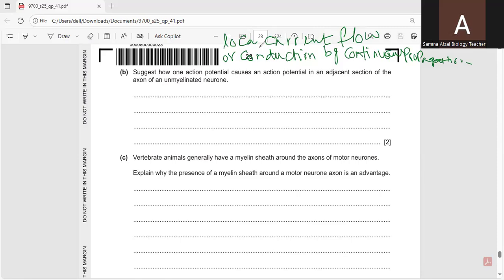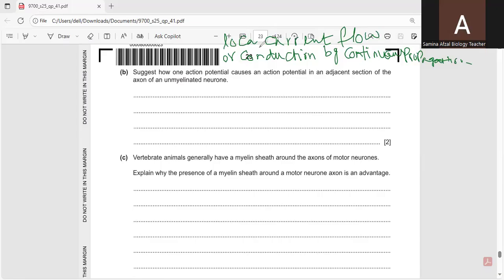The high concentration of positive charge in the cytoplasm of this section repels positive ions in the adjacent resting section of the axon. This creates a local electrical current that flows from the depolarized region to the adjacent resting region. This movement of charge causes the membrane potential in the other section to become slightly less negative.